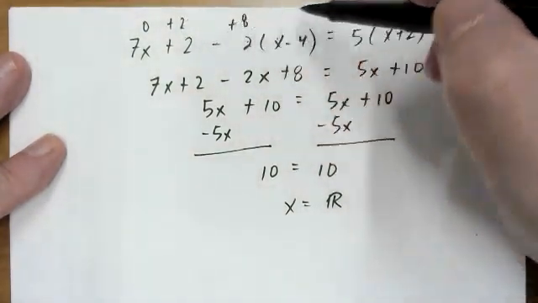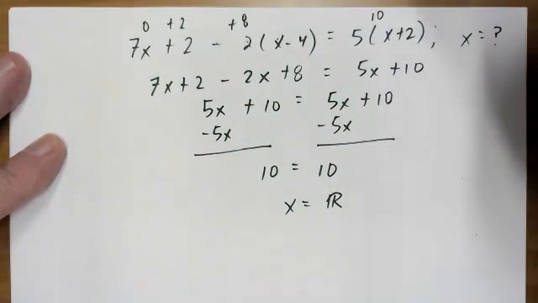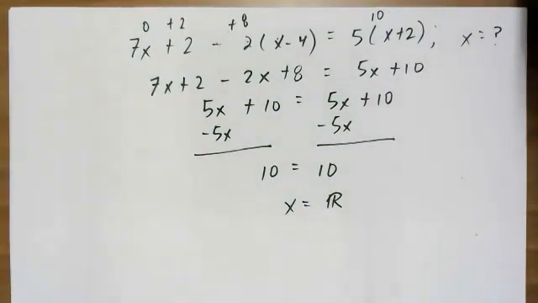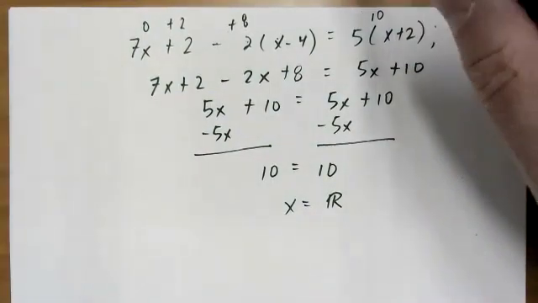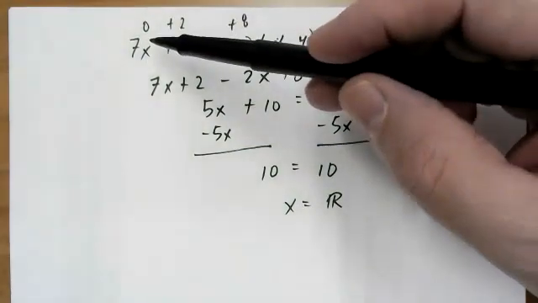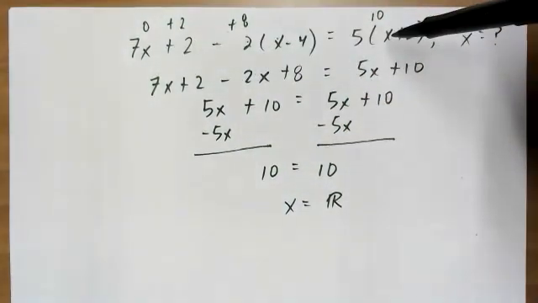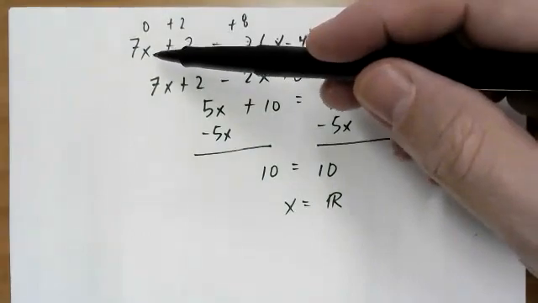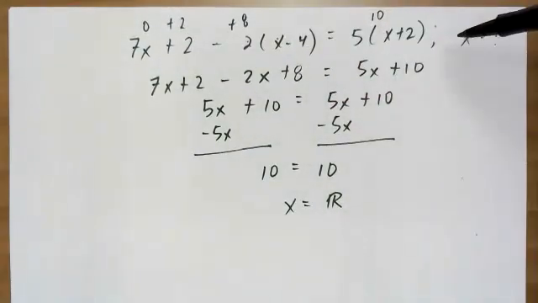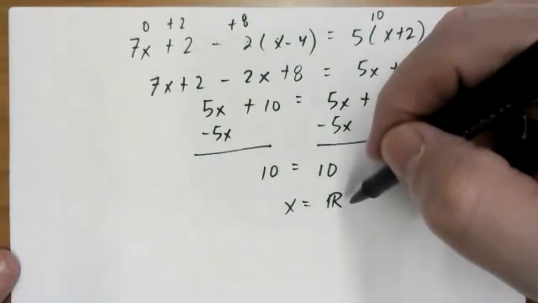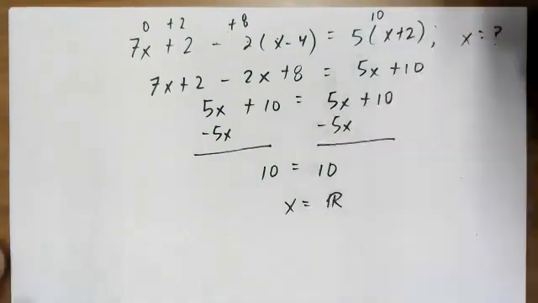So 2 plus 8 equals 10. 0 is a solution. And I could keep going on. I could plug in 1 for x, and I'd see the same thing. I could plug in negative 25 for x, and I would see the same thing. In other words, every number is a solution.